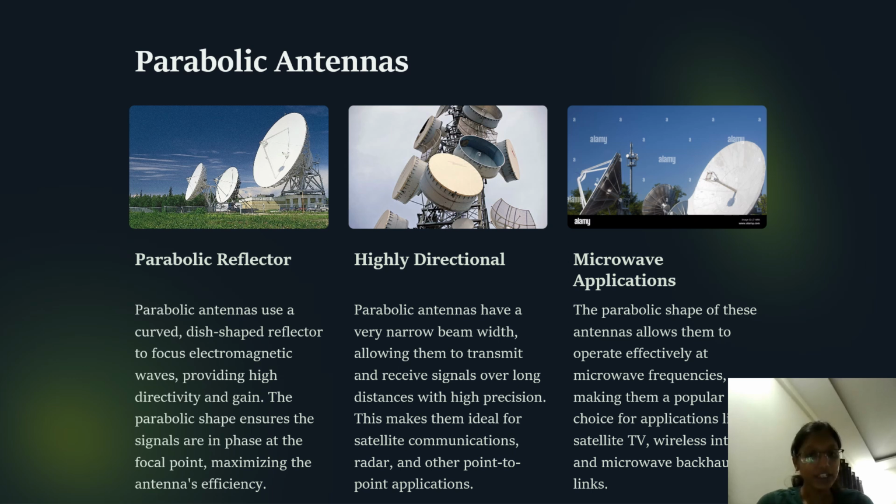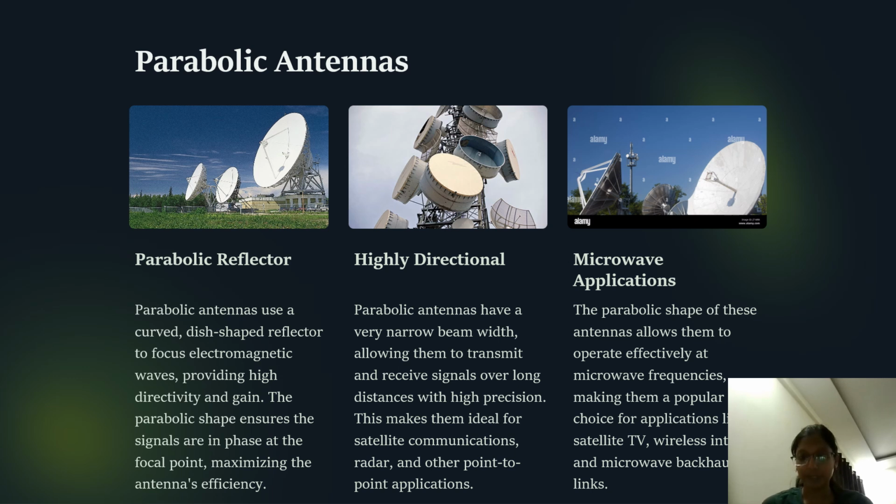The parabolic shape ensures the signals are in phase at the focal point, maximizing the antenna efficiency. Then, highly directional: parabolic antennas have a very narrow beamwidth, allowing them to transmit and receive signals over long distances with high precision. This makes them ideal for satellite communication, radar, and other point-to-point applications.